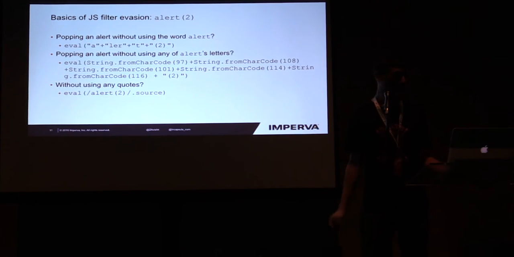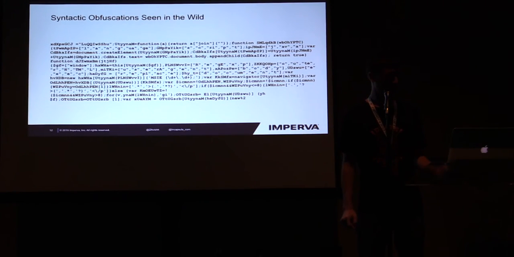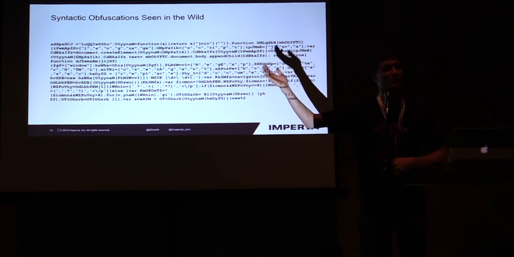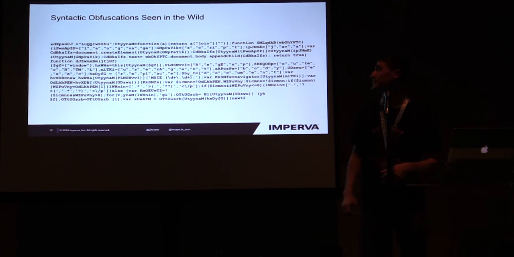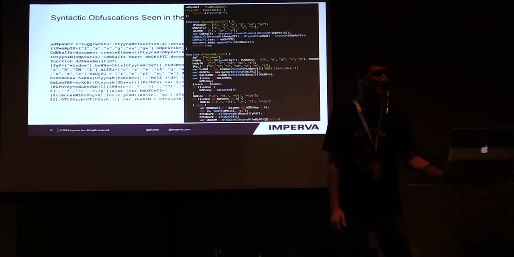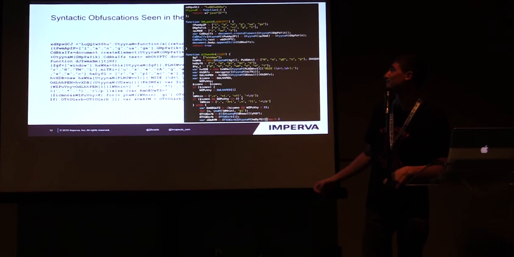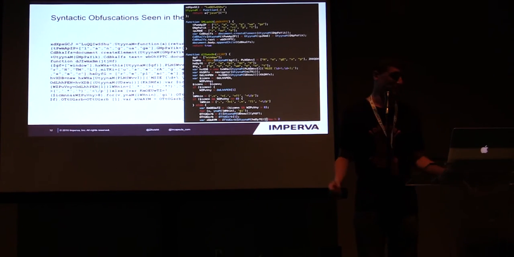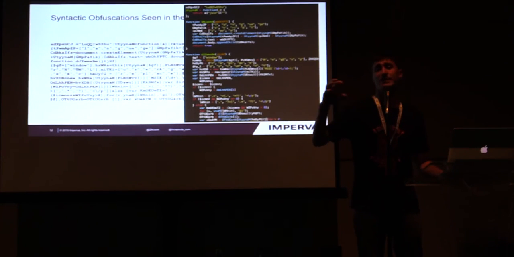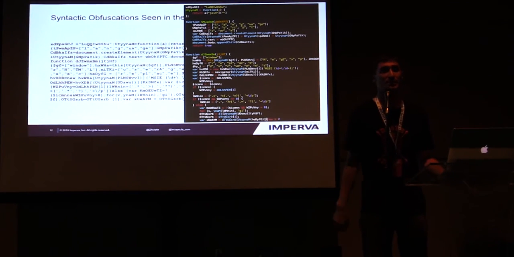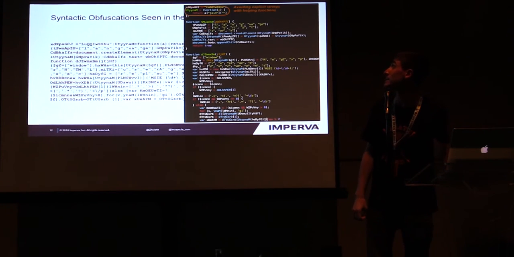There's a lot more. But we actually do see this in the wild. This is a vector that we found in our systems. Quite messy. Let's beautify it. Okay, now we are a bit better. What we see here is an attack that uses actually all these methods we've seen in the previous slide.